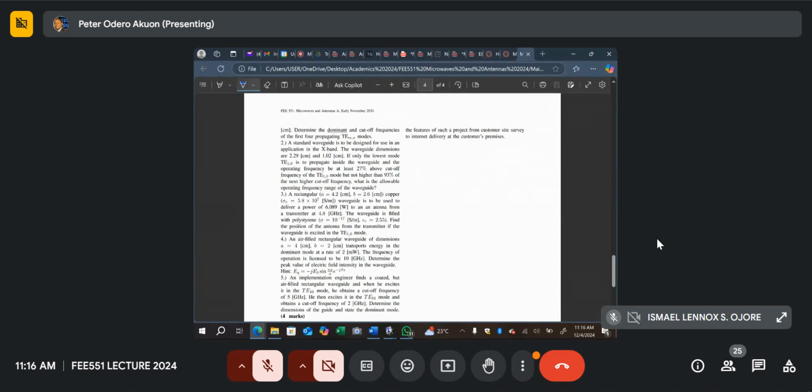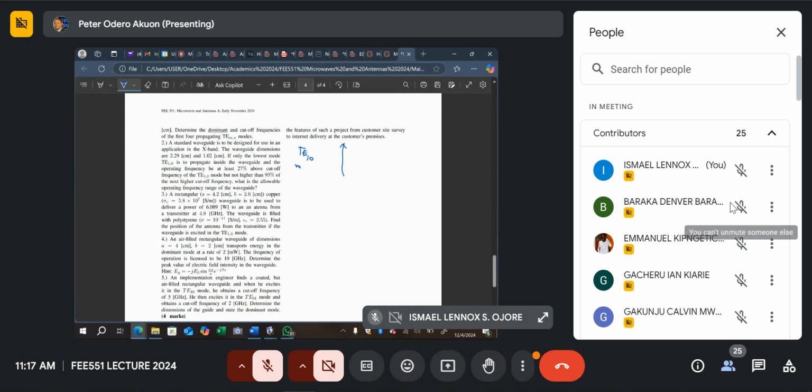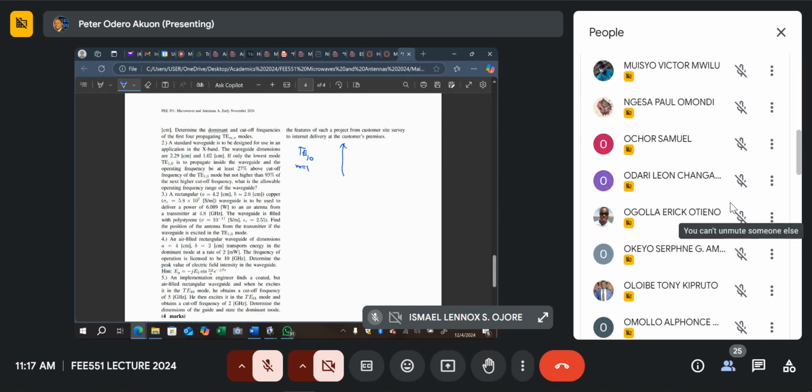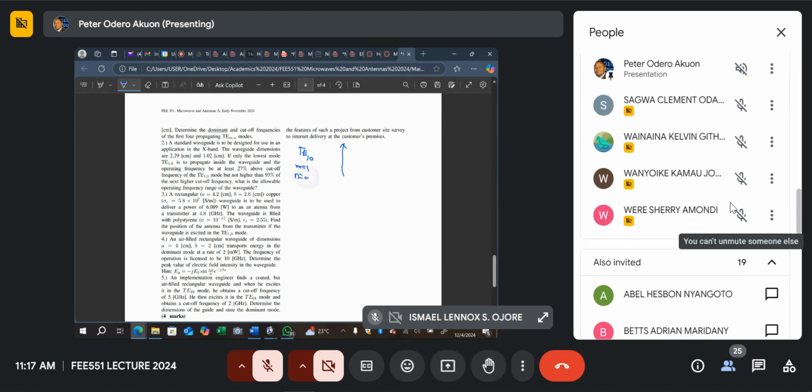So you're asked to excite TE10. We need to place the probe at the point of maximum amplitude. Let's say you have Y. TE10 means M is equal to 1, the half variation, and N is equal to 0.